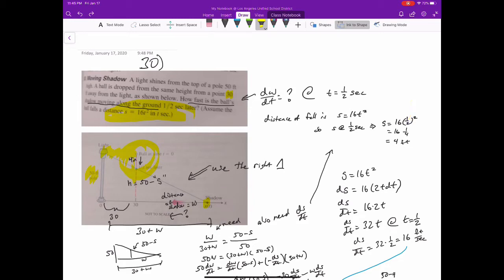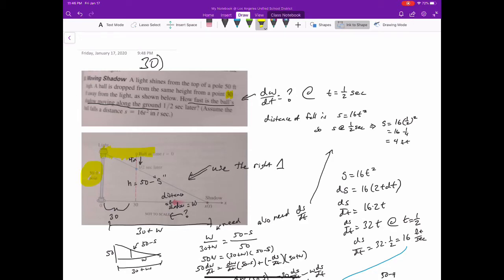And that's why I drew on this graph over here: after half a second, the ball dropped 4 feet. Then how high is the ball from the floor? We said the lamp and the ball started off at the same height, and that was 50 feet.